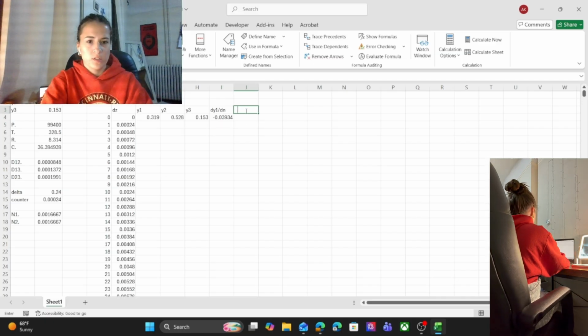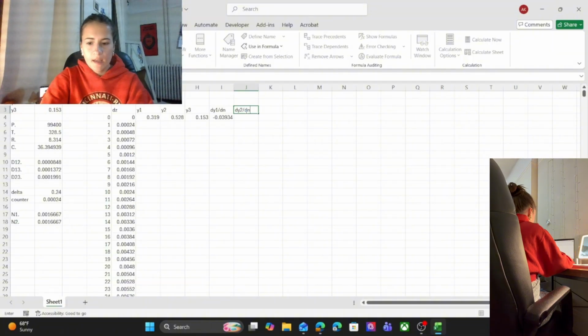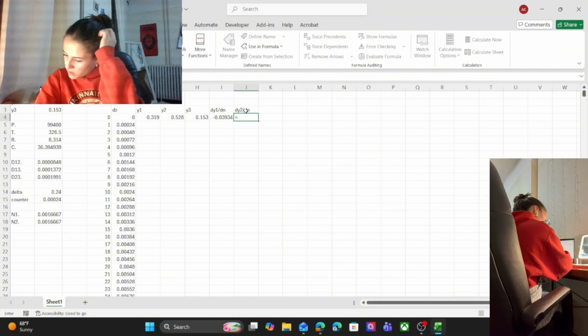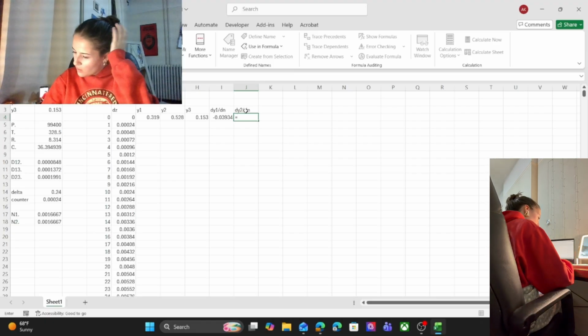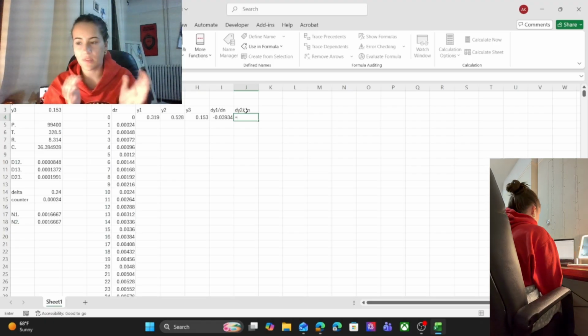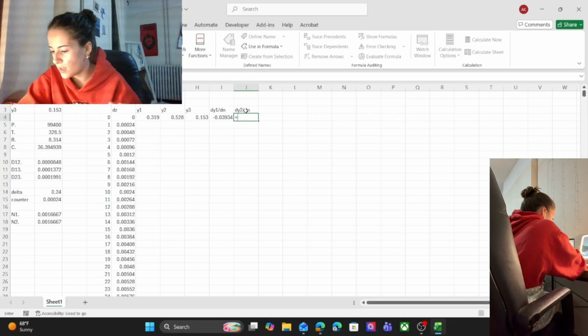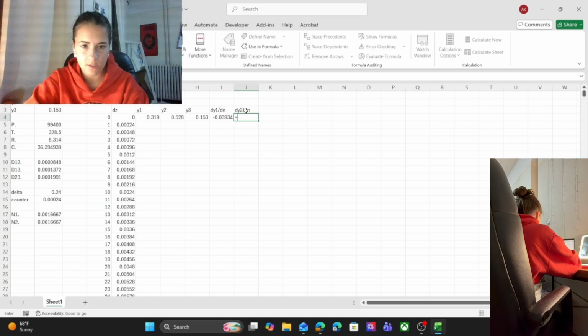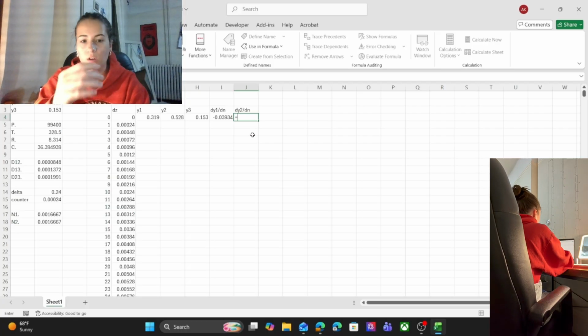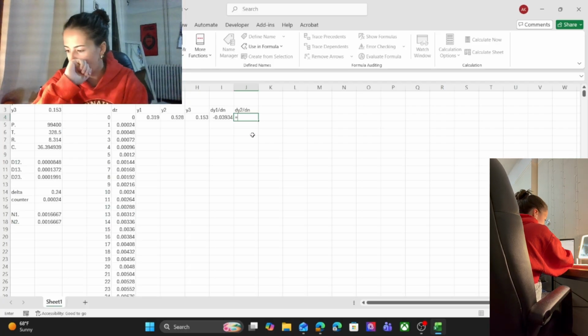Now we can move on to dy2 over dn. So this is going to be similar situation. So we will plug in the values that we have solved for. It'll be slightly different because it'll obviously be for 2 instead.